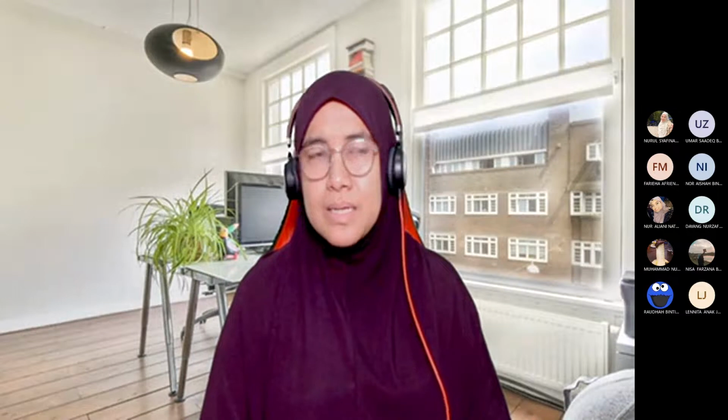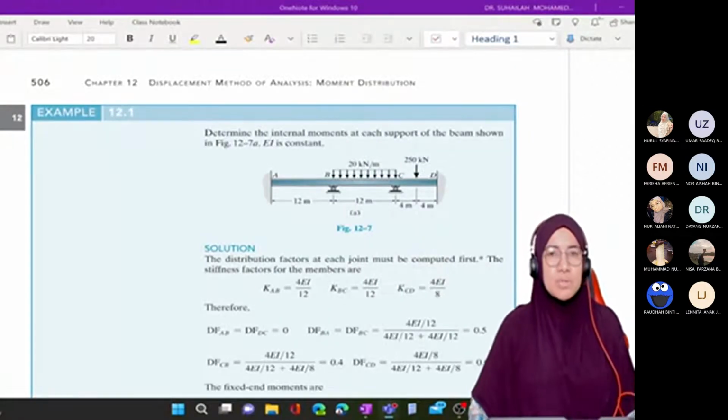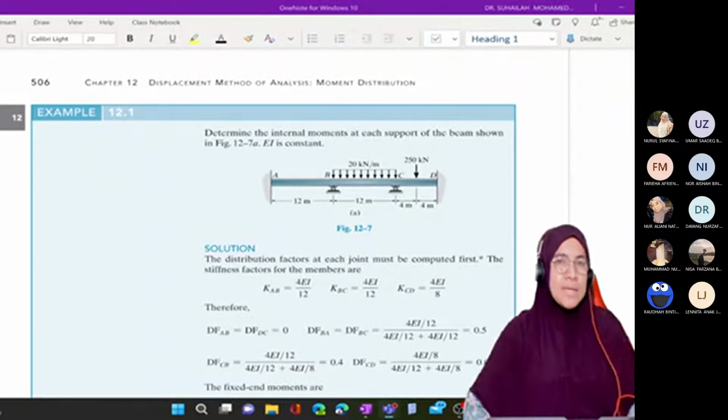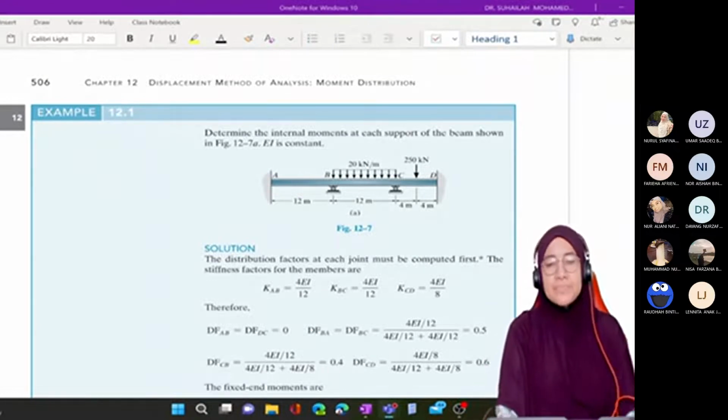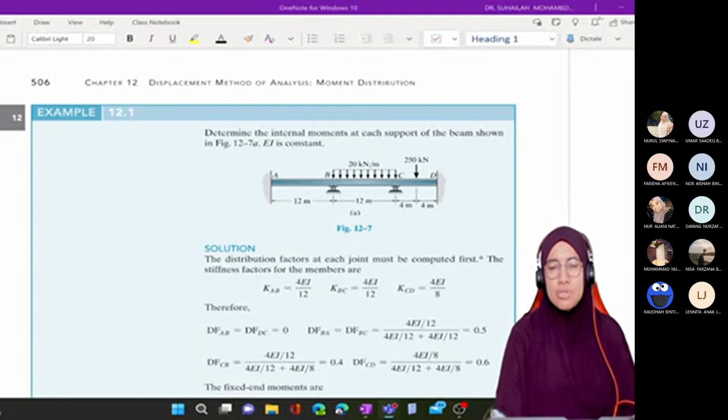Okay, so week number 14. This is the last formal lecture, because we replaced yesterday's slot. So we are going to go through beam analysis using moment distribution method.